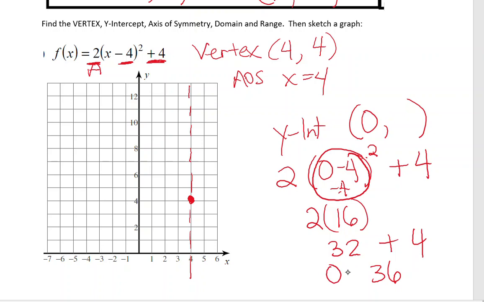So the y-intercept is (0, 36), which goes off of our graph, so we can't plot that. We can plot other points using the a value. Because the a value is 2, it's going to go over 1, up 2 on both sides, making the parabola thinner than the parent function.